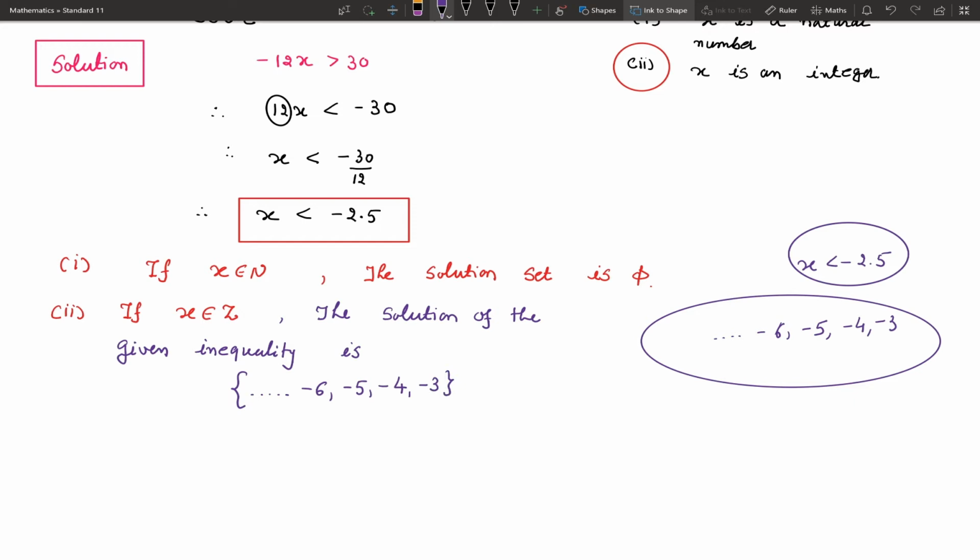So this is the solution set in the case of x belongs to Z.